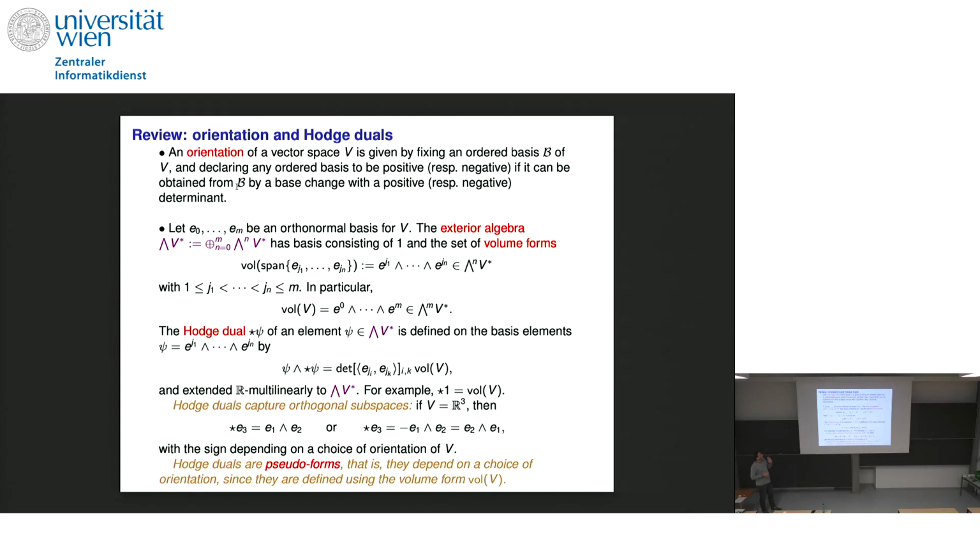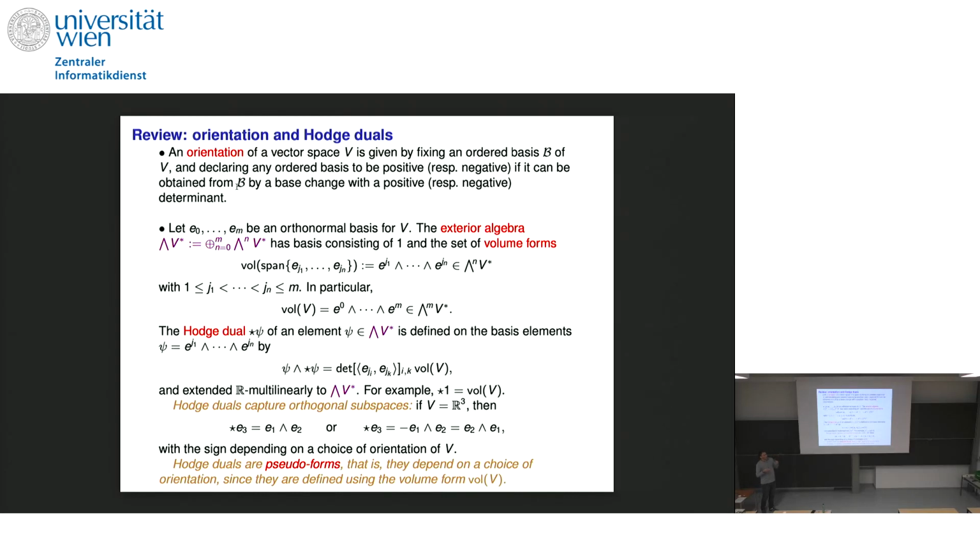Okay, so just a quick review of orientation and Hodge duality. An orientation of a vector space V is given by fixing an ordered basis B of V and declaring any ordered basis to be positive, respectively negative, if it can be obtained from B by a base change with positive, respectively negative determinant.